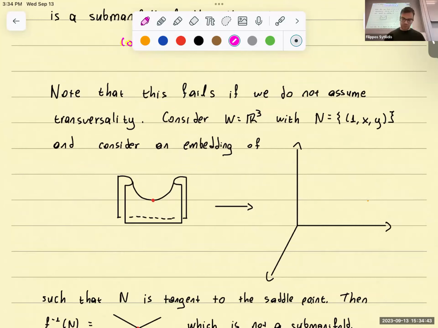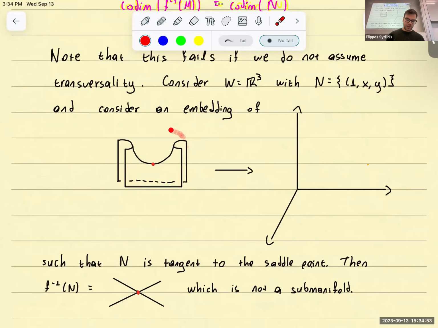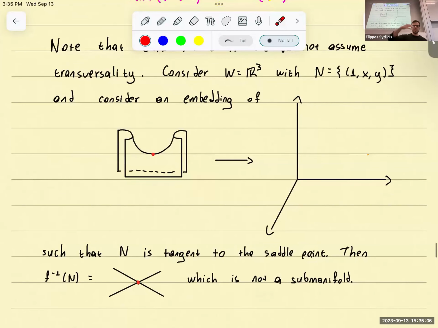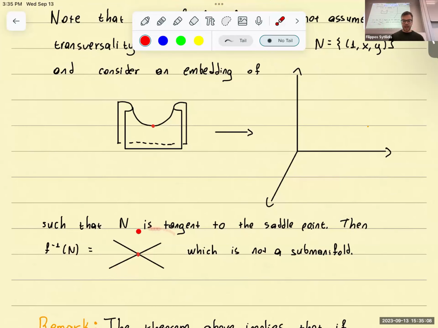So if you take R3 and you take this plane, and you look at an embedding of this saddle in R3 that is tangent to the plane at the sample point, then the preimage of the plane is just going to be these two lines intersecting, and that's not a submanifold. That's one way in which this fails if we relax the condition.